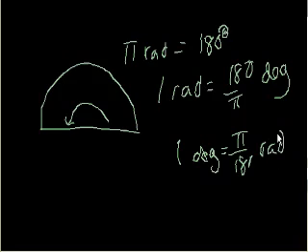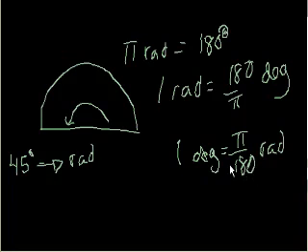So let's do a couple problems where you'll get the intuition for this. If I asked you 45 degrees, and to convert that into radians. Well, we know that 1 degree is pi over 180 radians, right?